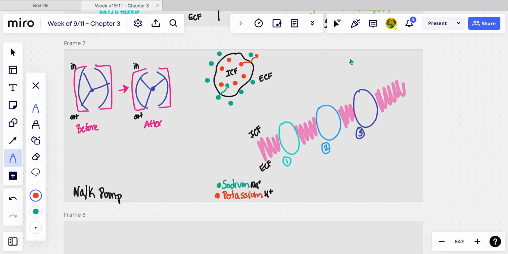But the idea here with the sodium-potassium pump is that it's not an even exchange. We don't get one sodium for every potassium pumped. It doesn't work like that. In fact, what happens is originally the sodium that has leaked into the cell will start to load itself into the sodium-potassium pump.